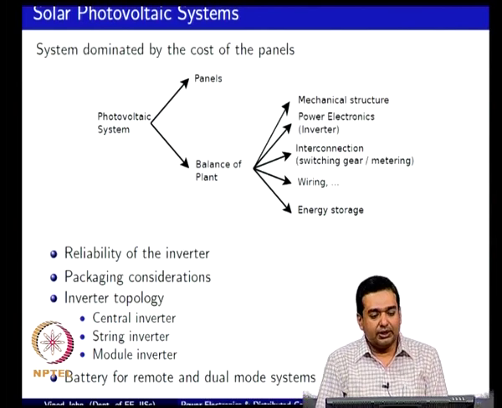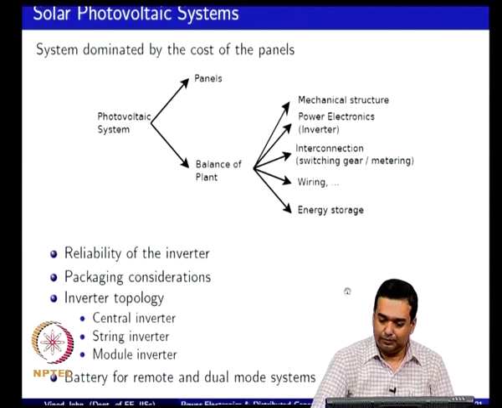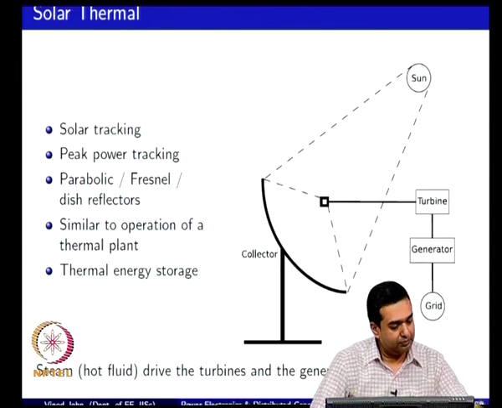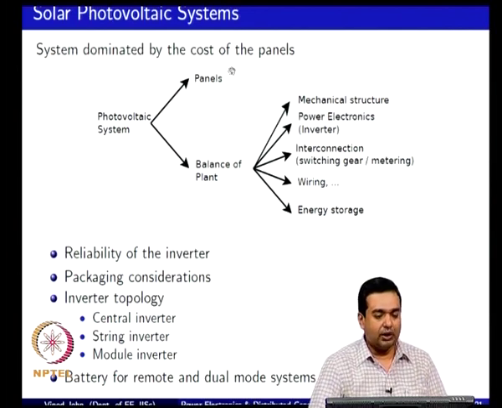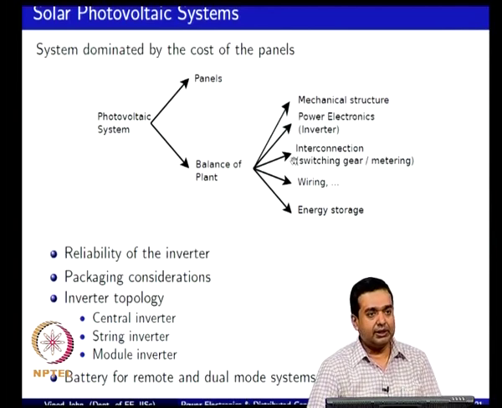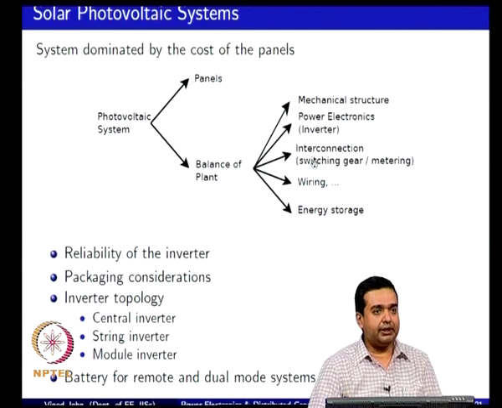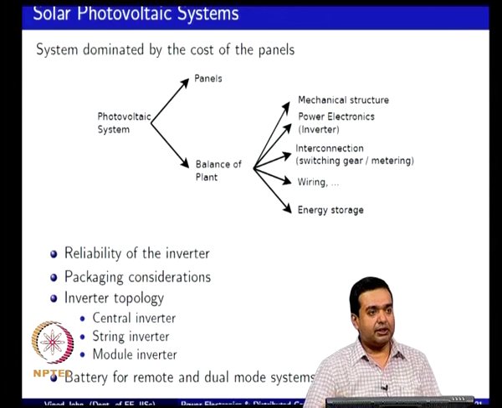If you look at the photovoltaic system, you have the panels and the balance of plant, and one third of the cost typically goes into the panels and the remaining into the balance of plant. In the balance of plant, you have the mechanical structures for mounting the panels, you have the power electronic inverters, the interconnection which could be switchgear, metering required for measuring how much power is actually generated. There will be wiring requirement from the panel to the power conditioning system, and from there to the outside.